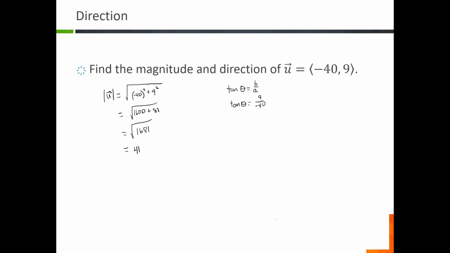Specifically in this case, we're going to use our inverse tangent. So theta will equal the inverse tangent of 9 over negative 40. Again, that's something we're going to have to go to our calculator for and just get a decimal approximation.